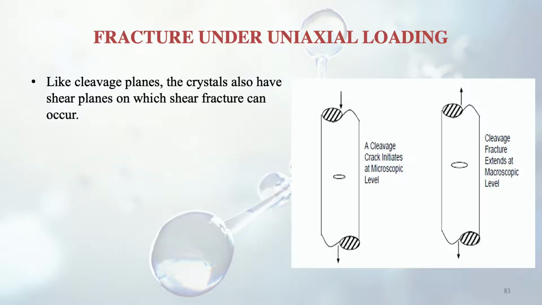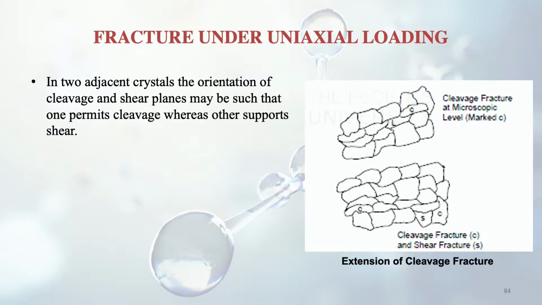Like cleavage planes, the crystals also have shear planes on which shear fracture can occur. So both types of planes are there, cleavage as well as shear. In two adjacent crystals, the orientation of cleavage and shear planes may be such that one permits cleavage whereas the other supports shear.